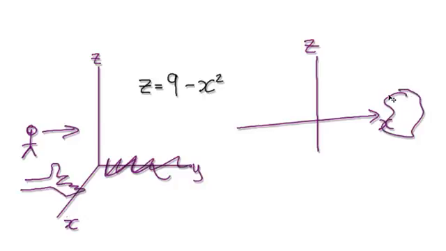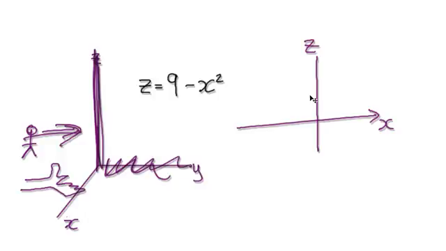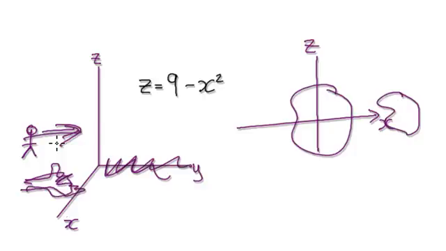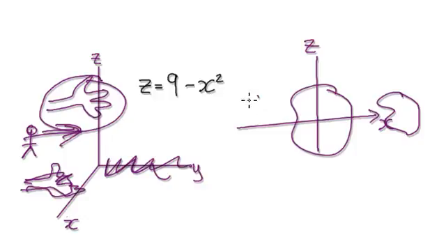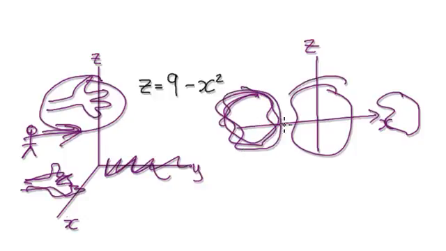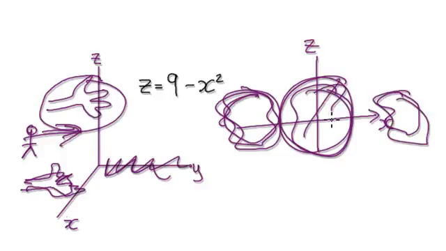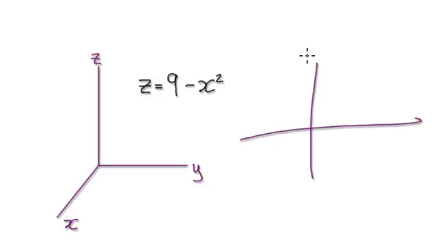When you look at it in this direction, this vertical axis will be the z-axis, the x-axis will be here, and your right hand will be here, your head will be here looking at it, and your left hand will be on the negative side. So your left hand is here, your head is here, and your right hand is here, looking straight at it. So imagine it to be like this.